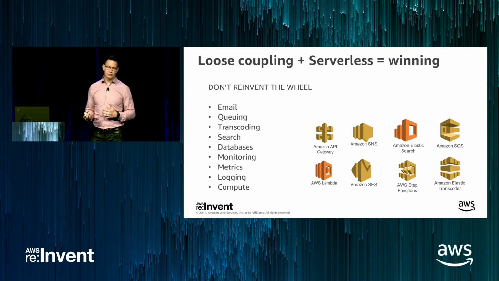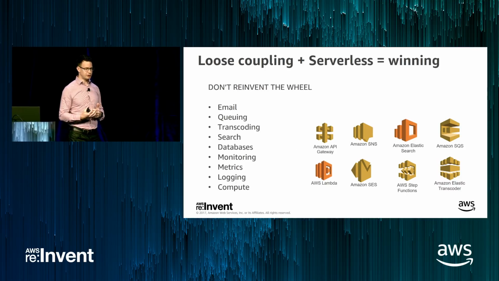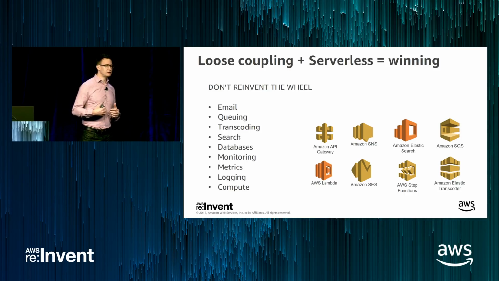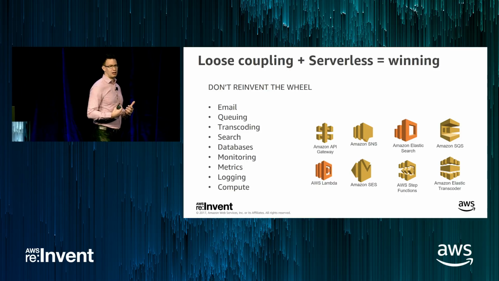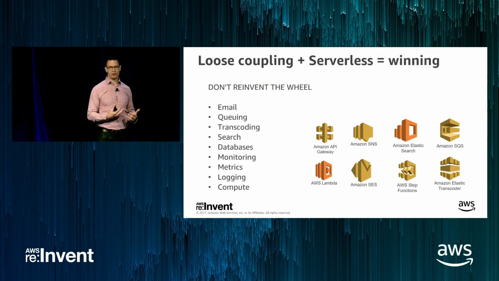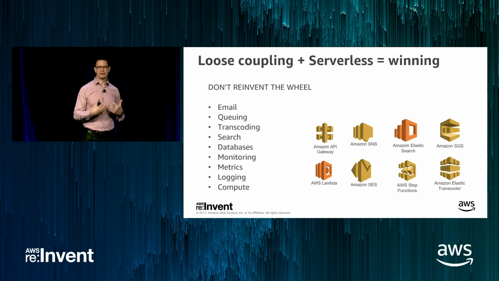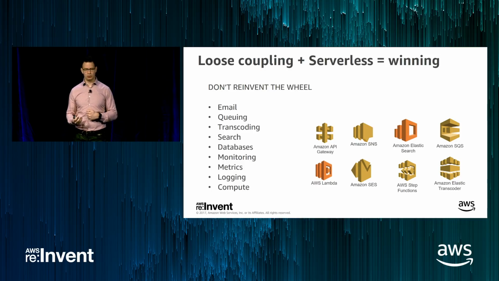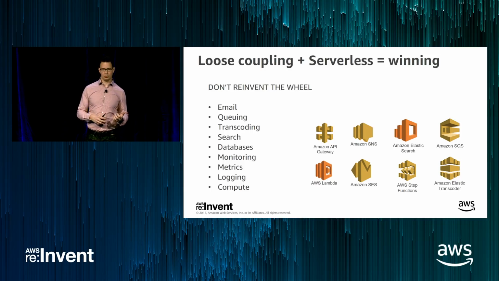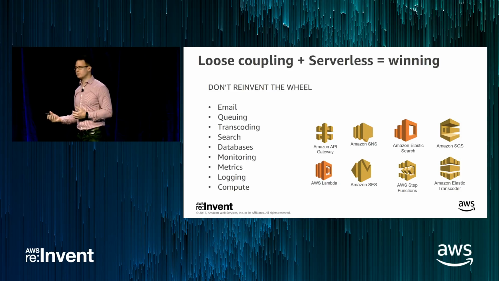Now, one of the ways you can take advantage of service-oriented architecture is by using serverless managed services provided by AWS to incorporate those features into your application. Whether you're looking for searching or logging or compute, you can incorporate these services in your application using their APIs, and you'll be able to get those features without having to build them yourself.